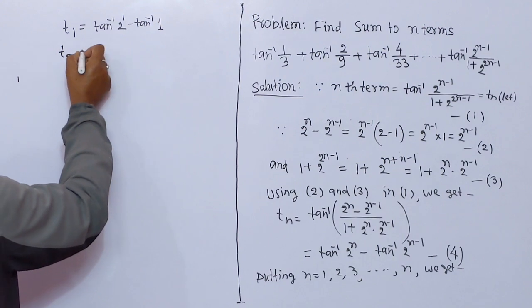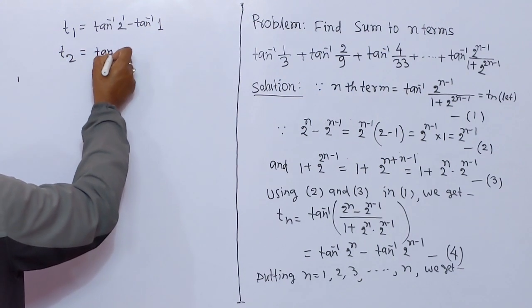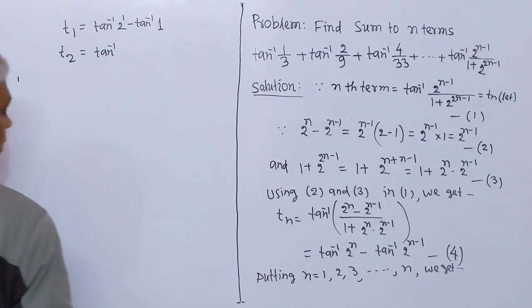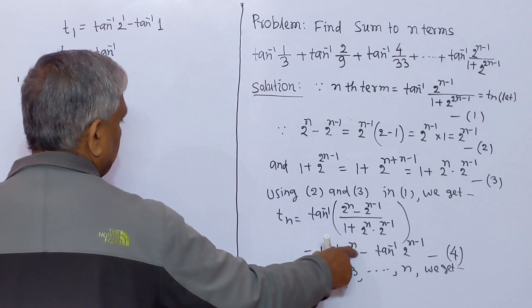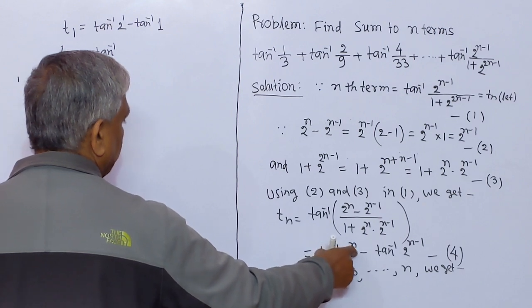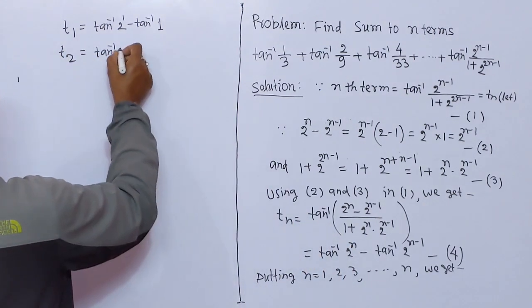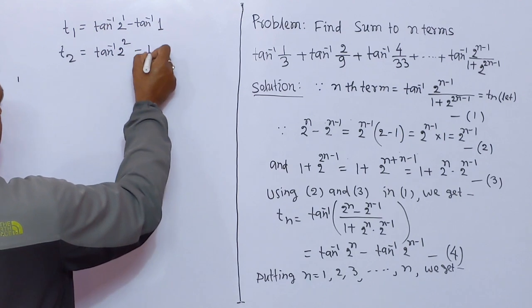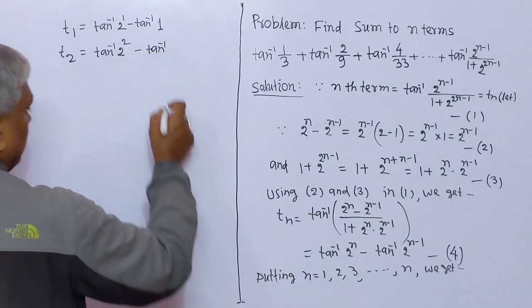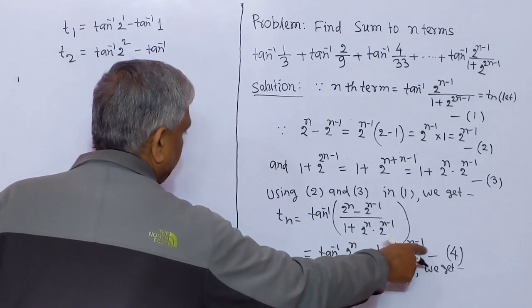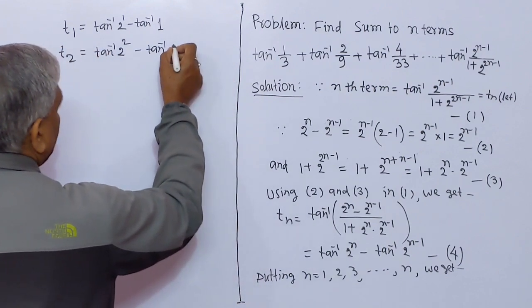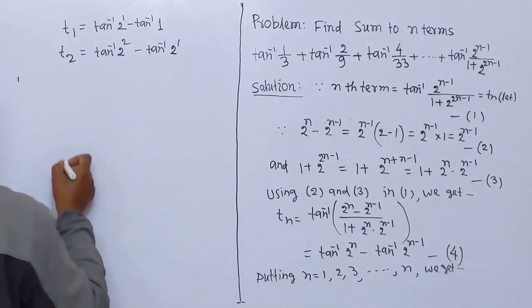T2 equal to tan inverse, in place of n we write 2, tan inverse 2 to the power 2 minus tan inverse 2 to the power 2 minus 1, which is 2 to the power 1.